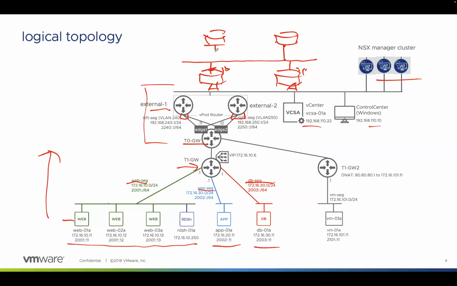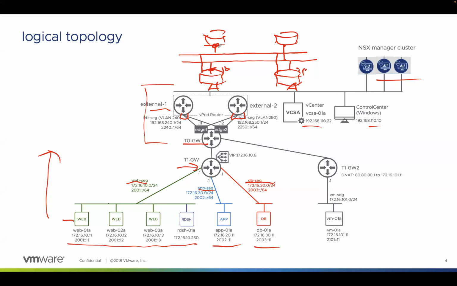We also have another one on another segment or subnet or uplink, just right here. So now we have two subnets with 3 IP addresses or 3 interfaces each.